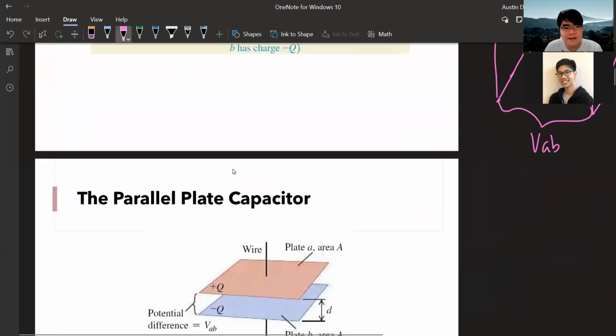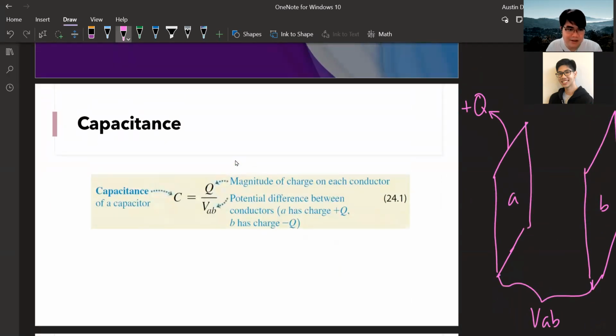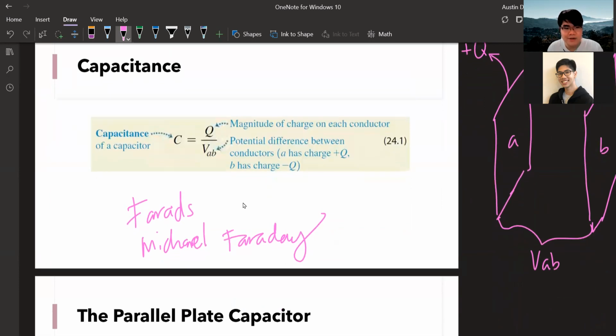The simplest, hindi pa pala ako tapos dito, sorry. Yung capacitance natin, meron siyang units ng farads, named after Michael Faraday. And usually, itong farads, nasa scale siya ng micro, tsaka pico.